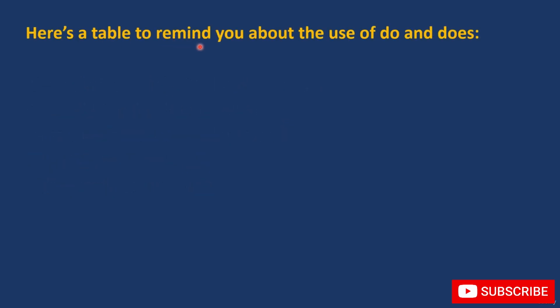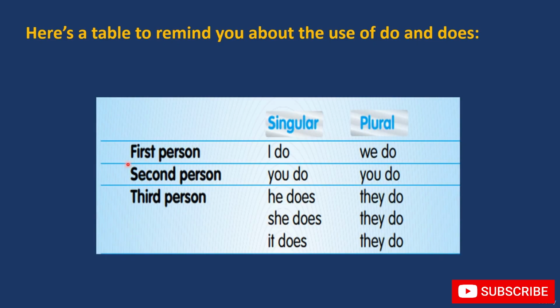Here is a table just to remind you about the use of do and does. In the first person, I use I do in the singular and we do in the plural. The second person is the same, you do and you do, singular and plural. But what about the third person? Third person, the people who are not with me now, they are absent. Like he does, she does, it does, all of them are singular.